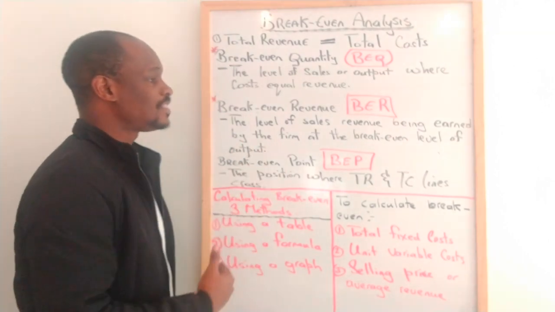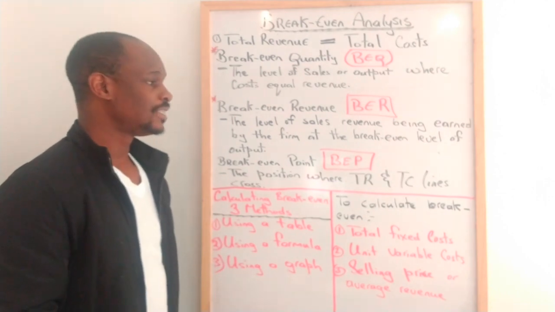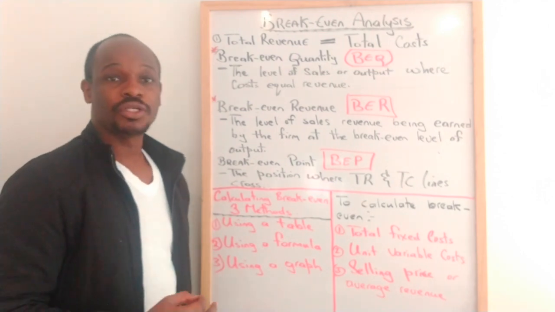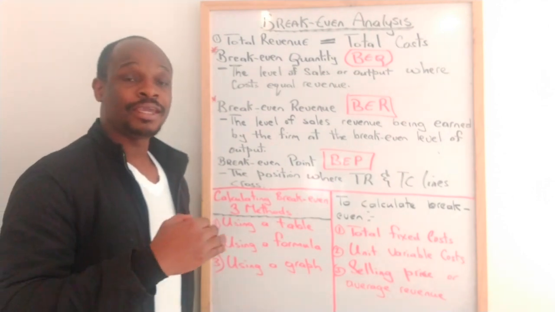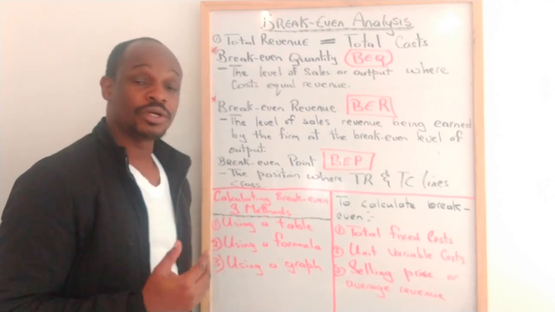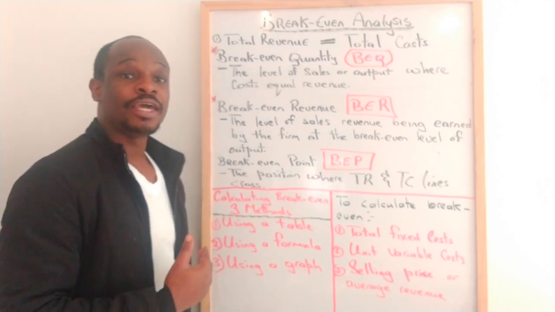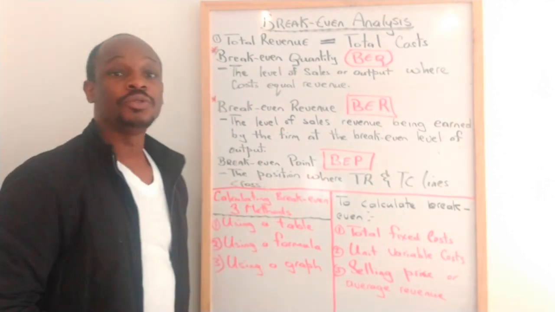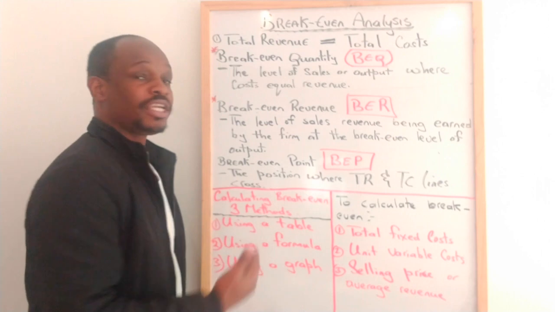Then we have what is called the break-even revenue. This is the level of sales revenue being earned by the firm at the break-even level of output. So let's say the break-even level of output is 1,000 units, then whatever we're earning from those 1,000 units is the break-even revenue.